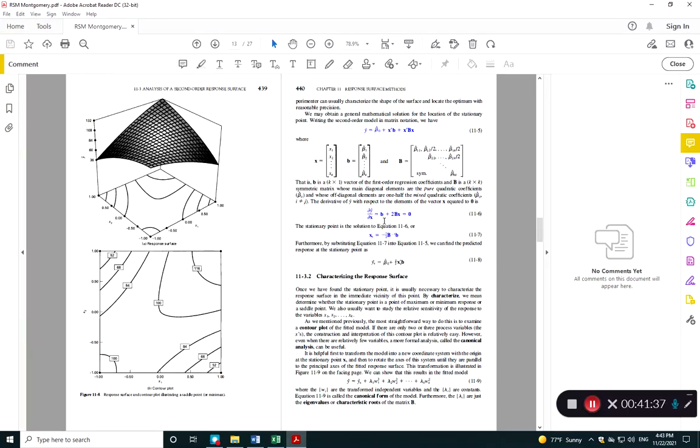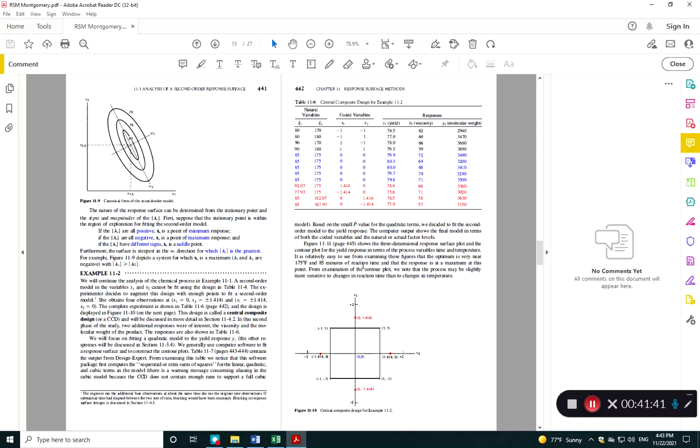The part that finds the eigenvalue and eigenvector, the SAS output will always give you two eigenvalues.